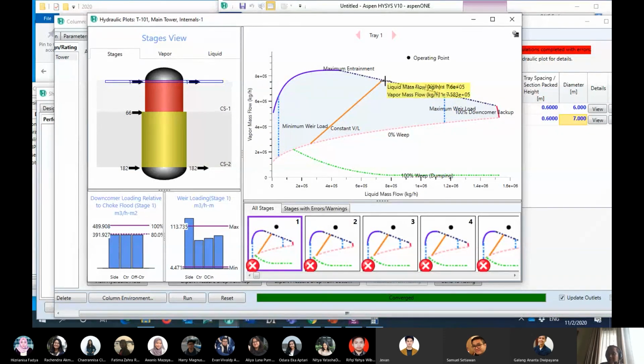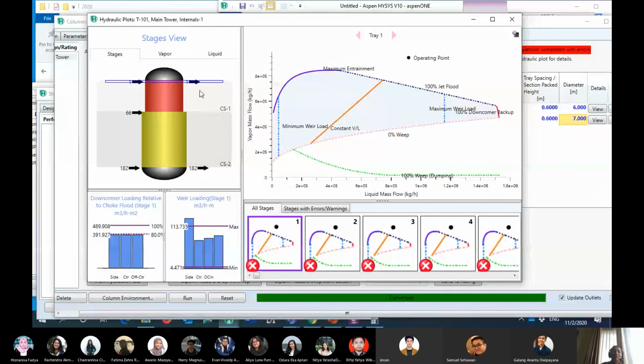But the problem is your current operating point, this black dot, means your operation is actually outside of the safe operation window, because it should be inside this window.